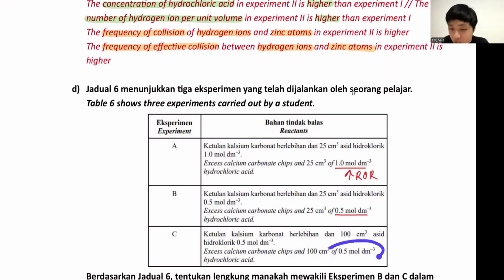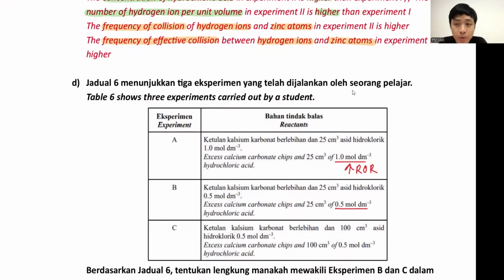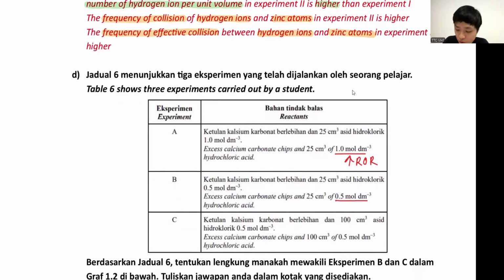If you add more water, it decreases the concentration. That's why C will take the longest time to complete. Not only has lower concentration, but also you add more water. You diluted the concentration of acid. This one will be the lowest rate of reaction.